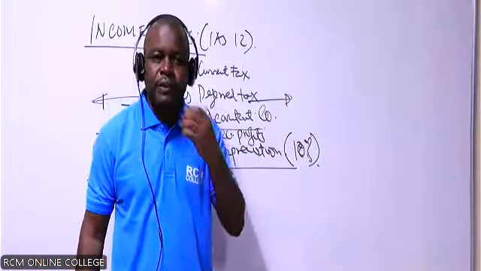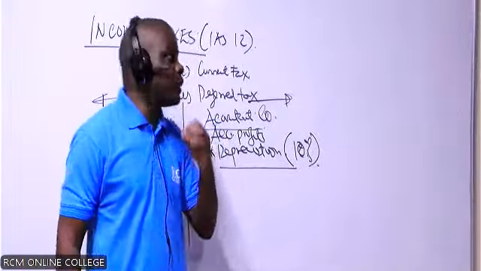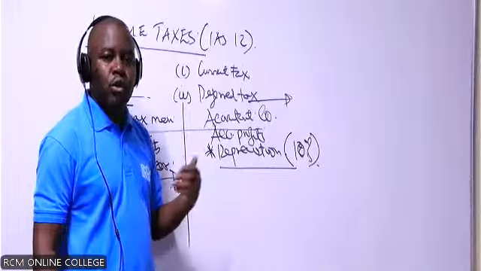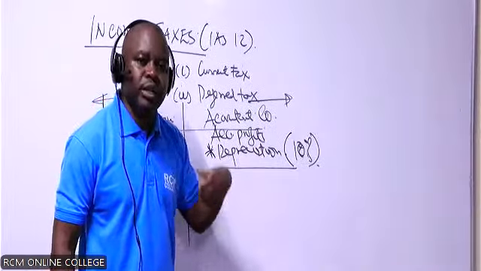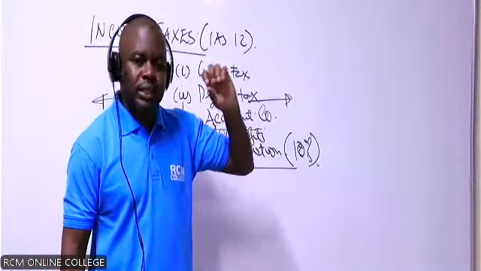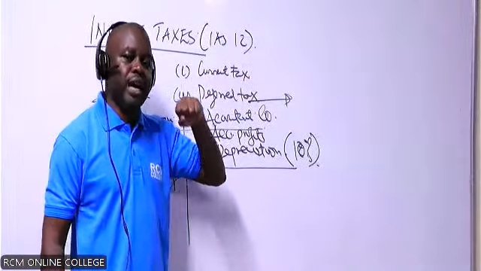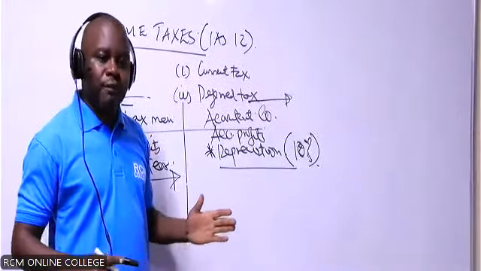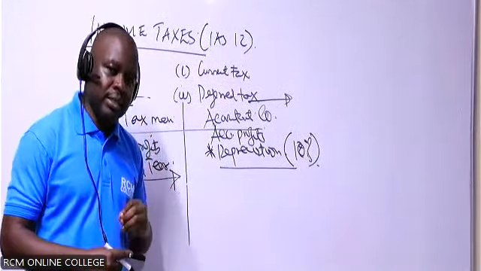Through these temporary differences, it gives rise to taxes that you won't settle in the current year, but you'll likely be called upon by the taxman to settle in future, or you might end up claiming from the taxman in future. We call them deferred taxes. And that's what we mean by the current tax, and what we mean by the deferred tax.